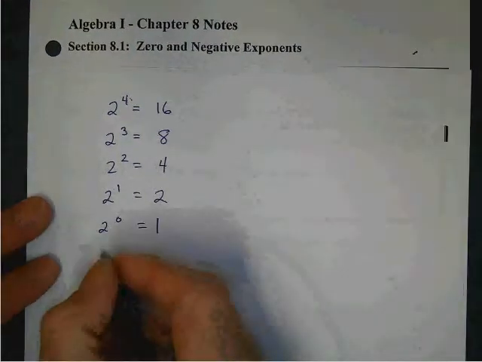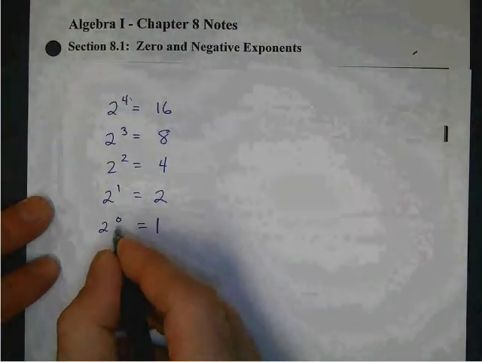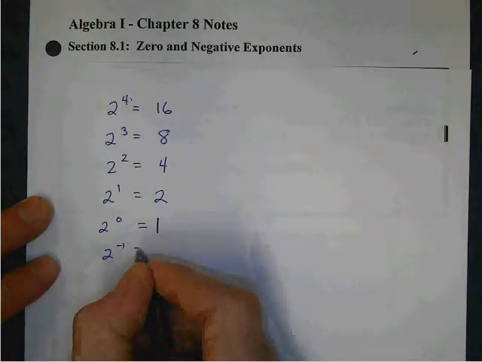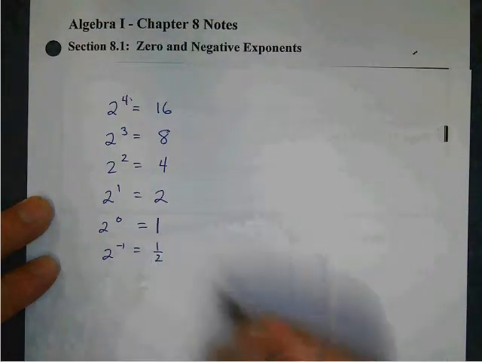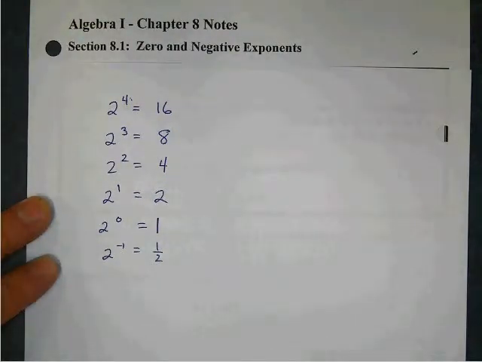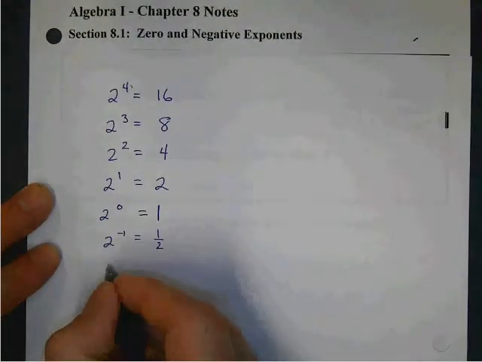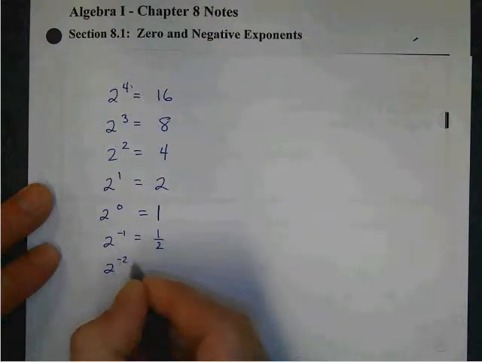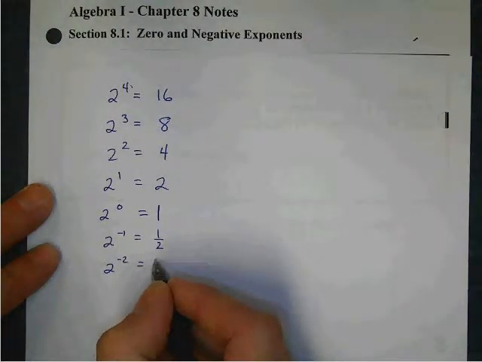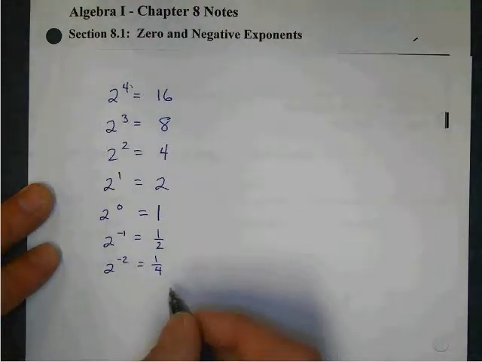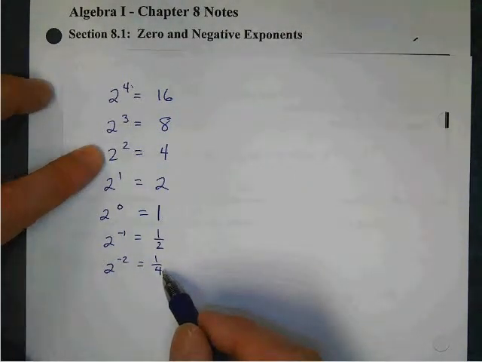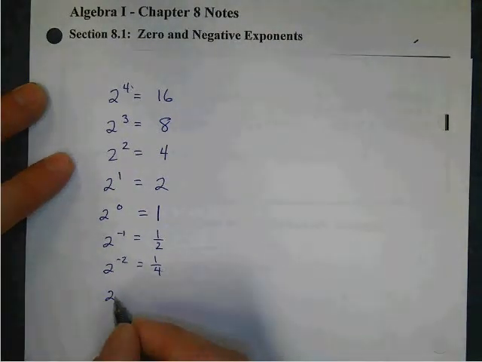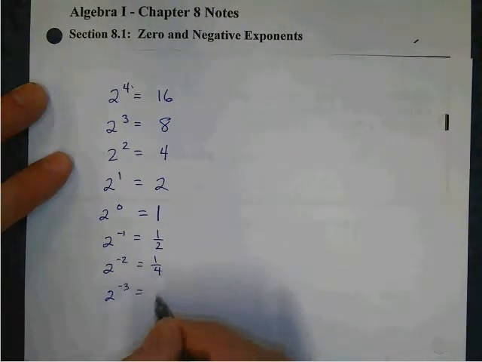What's below 0? Negative 1. Divide by 2 and you get half. Interesting. Divide by 2 again and you get a quarter. Remember, 4 is 2 squared, right? Divide by 2 again, and you get 1/8.